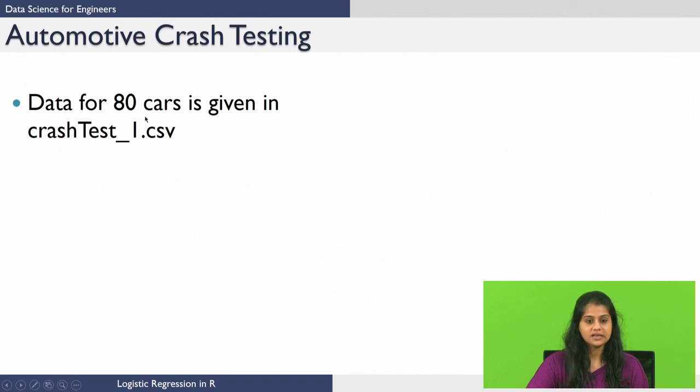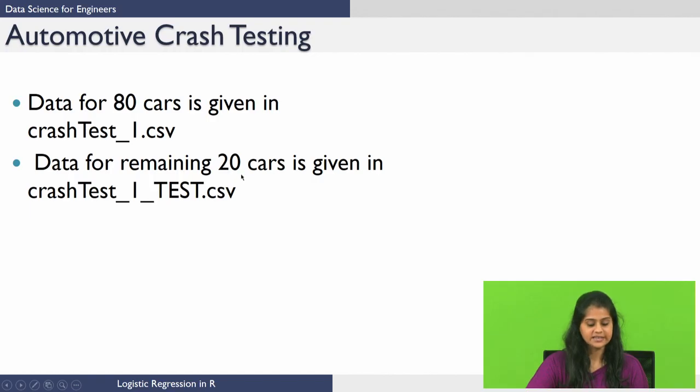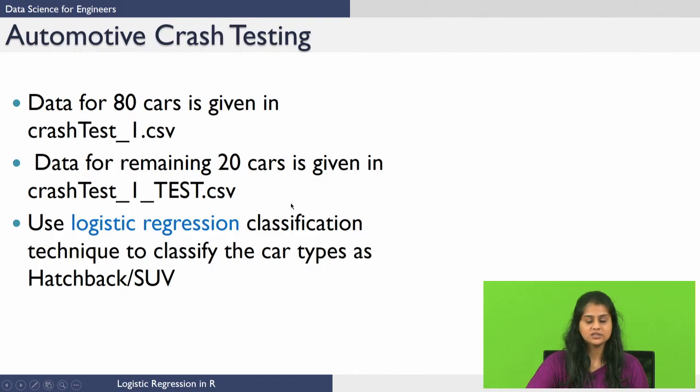We have 100 cars in total, out of which 80 cars are going to be taken as train and the remaining 20 cars are going to be taken as test. The 80 cars are given in the crash test_1.csv file, and the remaining 20 cars are given in crash test_1_test.csv. Now, we need to use the logistic regression technique to classify the car type as hatchback or SUV.